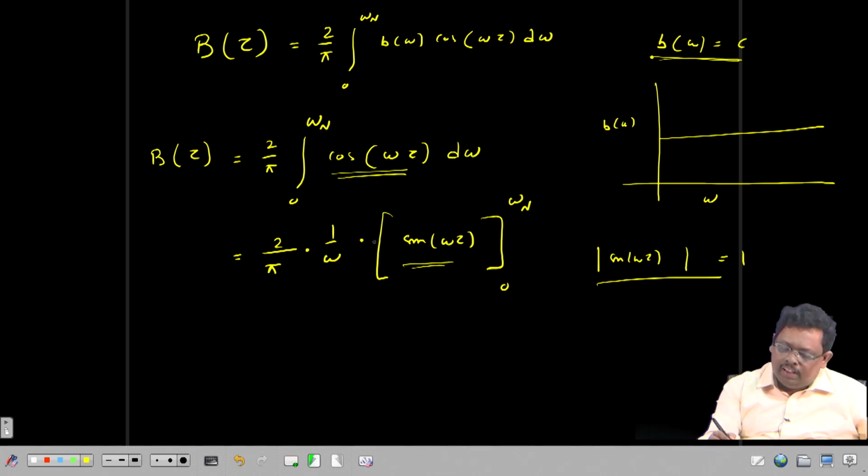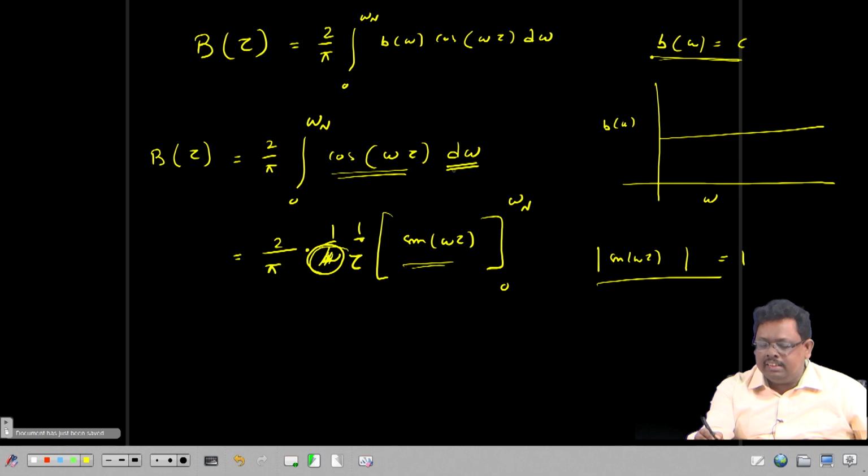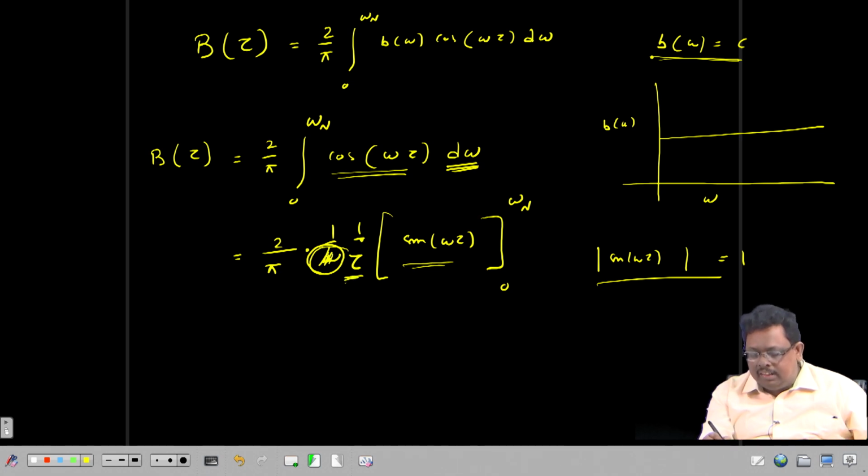Most importantly, in the denominator I have 1 upon omega. Sorry, I am very sorry, I am integrating with respect to omega, so it is omega tau, because this integration is with respect to omega. So I have 1 upon tau. Most importantly, in the denominator I have 1 upon tau.